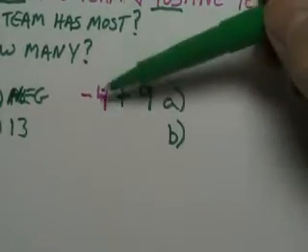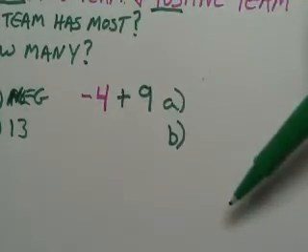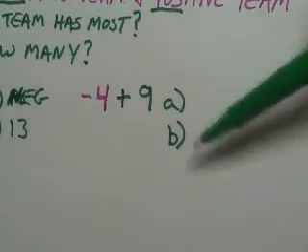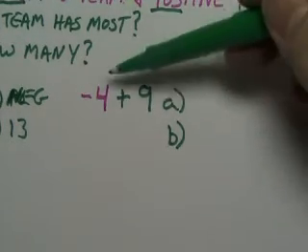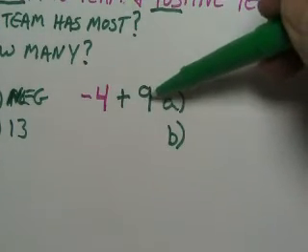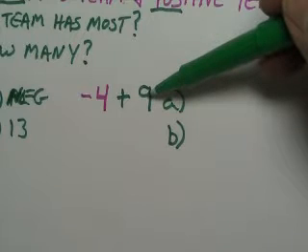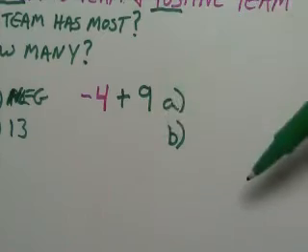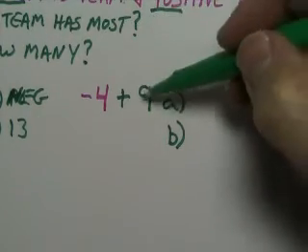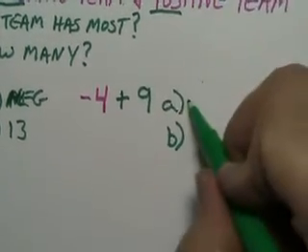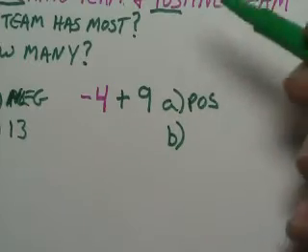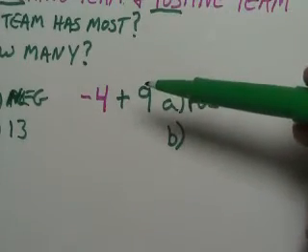Let's try another one. How about -4 and 9? Let's see, this is negative and this is positive. Which team has the most, the negative or the positive? Well, there's more positive. And by how much?